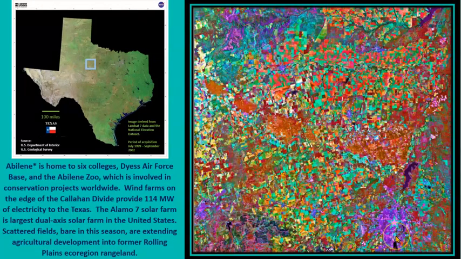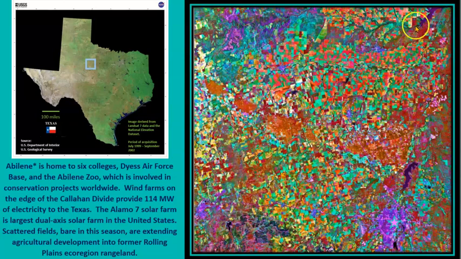Abilene is home to 6 colleges, Dyess Air Force Base, the Abilene Zoo, and many other sites. Wind farms on the edge of the Callahan Divide, which comes into the scene in the southwestern corner, produce more than 100 megawatts of electricity to the Texas grid.